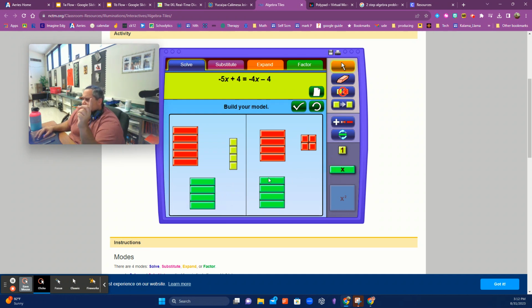Okay, I seem to remember that Kalama said a negative and a positive cancel out, right? Like this is a wallet full of money we don't know. This is another wallet full of money we don't know. This represents me having that wallet, and then this negative is kind of like that's getting taken away, right?